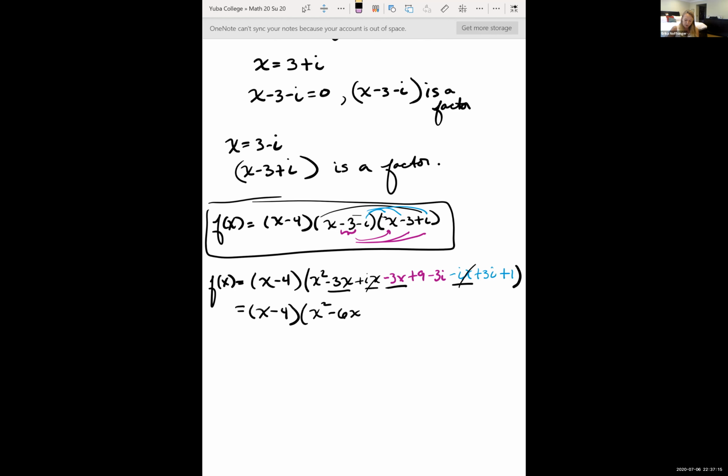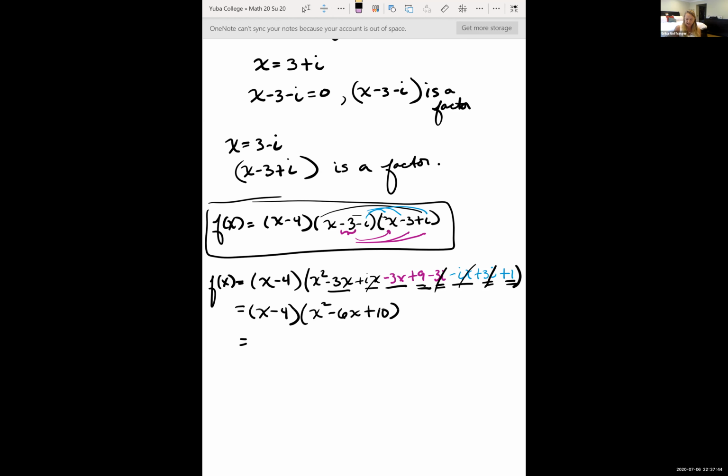Looking at our real numbers, I have a plus 9 plus 1, so that's a plus 10. My complex numbers, negative 3i plus 3i, cancel with one another. So just like I said would happen, this should not have any more imaginary numbers as coefficients.